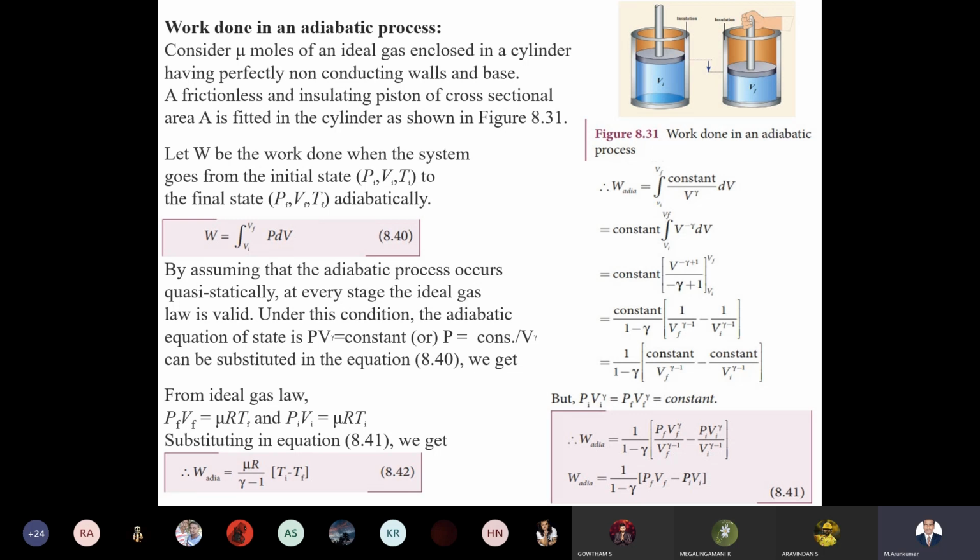And mu R is a constant, so we can take it outside. So finally we get the equation W adiabatic as mu R by gamma minus 1 into (T initial minus T final). Right. That is, T final minus T initial.